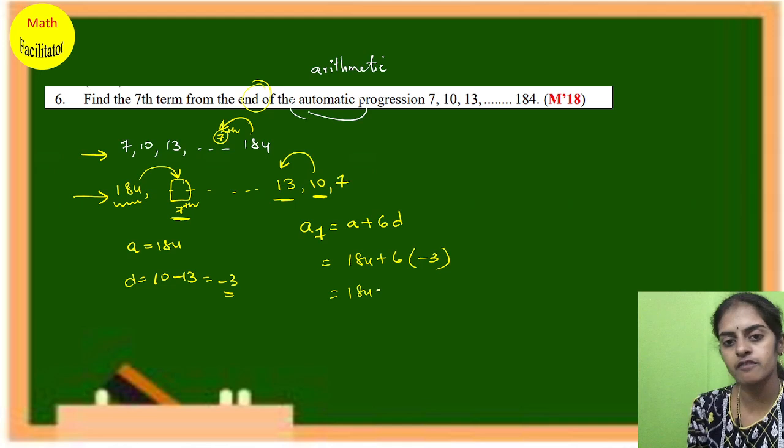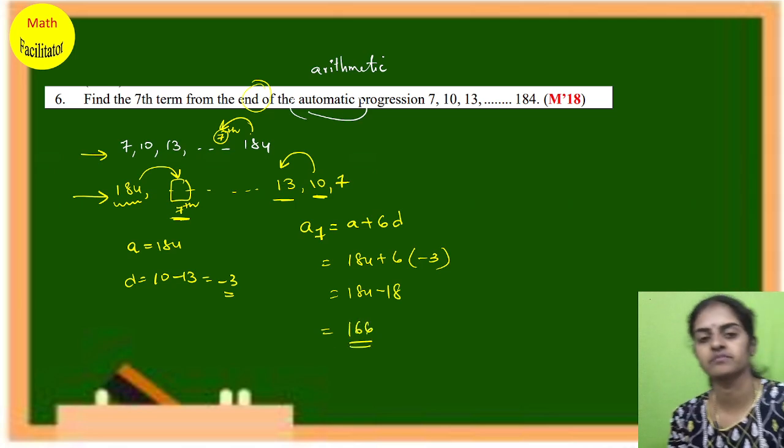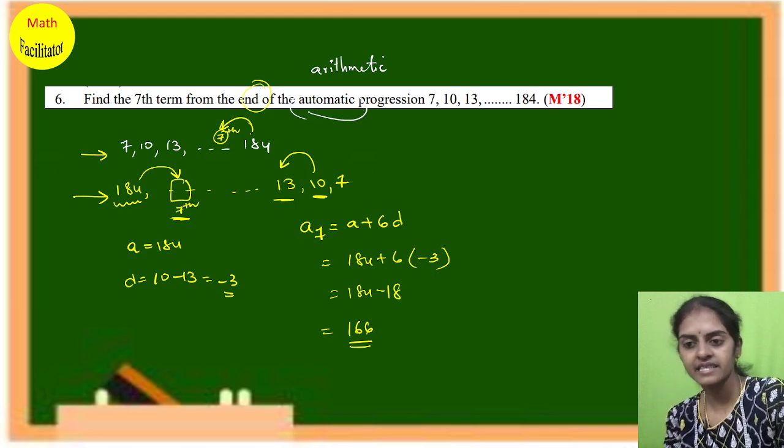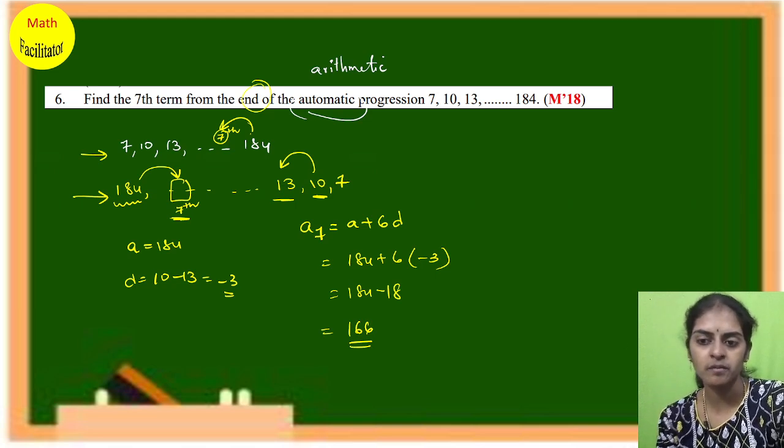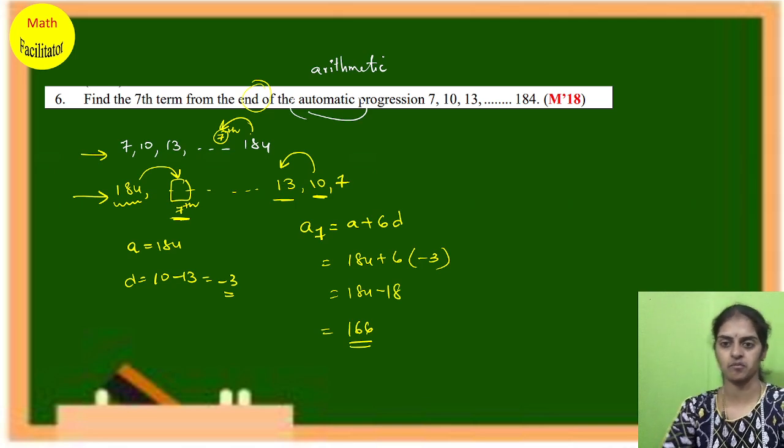So it is 184 minus 18. What is the answer? 184 minus 18 will give me 166. Yes, so the seventh term from the end is 166.